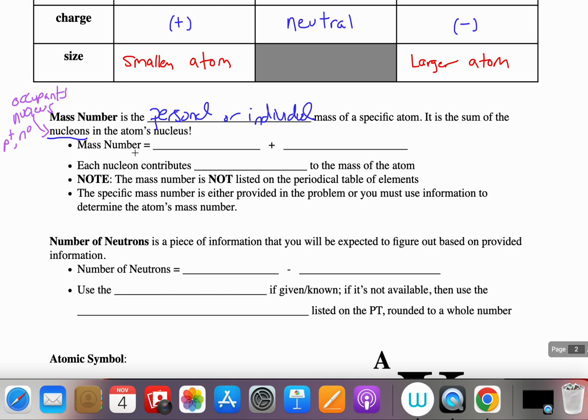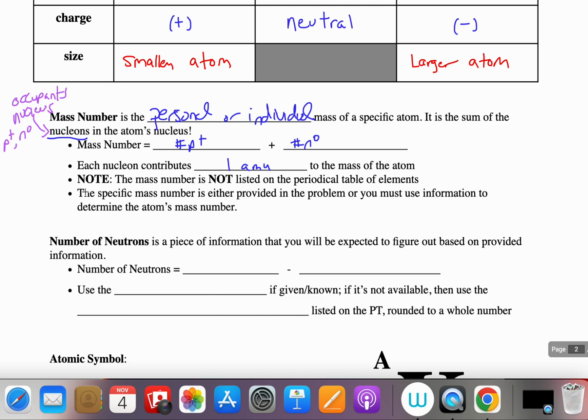So the mass number is simply the summation of the number of protons plus the number of neutrons in that nucleus. Each individual nucleon contributes 1 AMU to the mass of the atom.